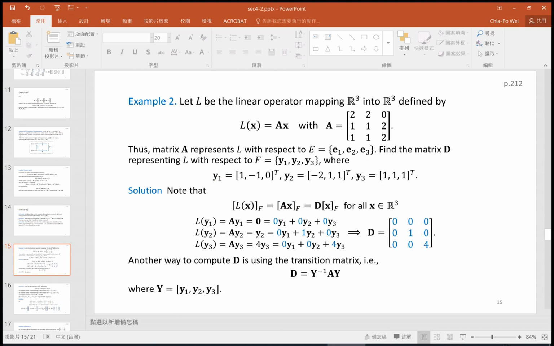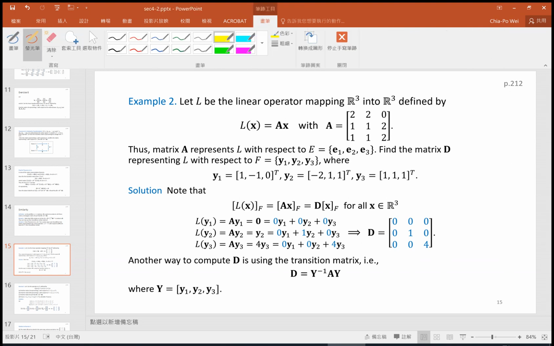The second method to compute matrix D is to use theorem 4.3.1. Define matrix Y by horizontally stacking y1, y2, and y3.